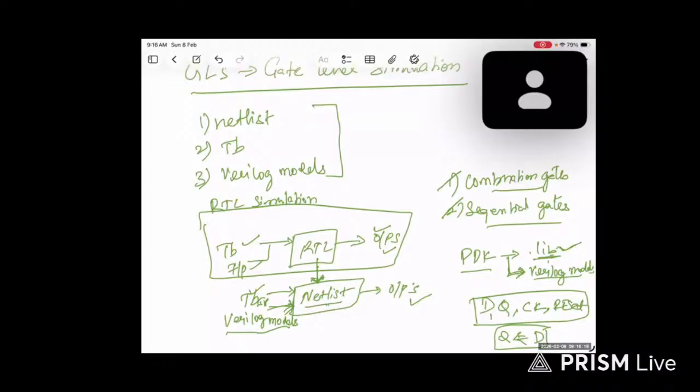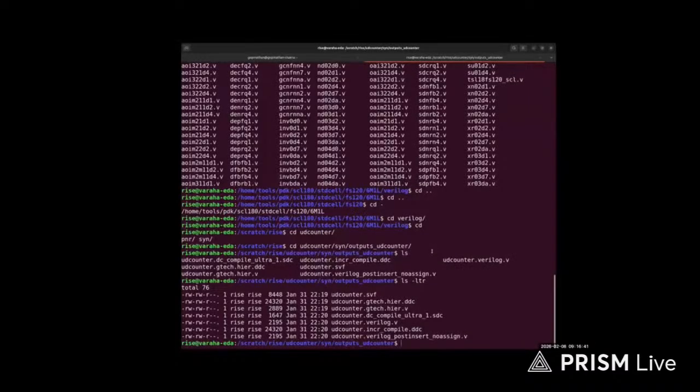So now we will see how a Verilog model looks in the PDK. Okay.